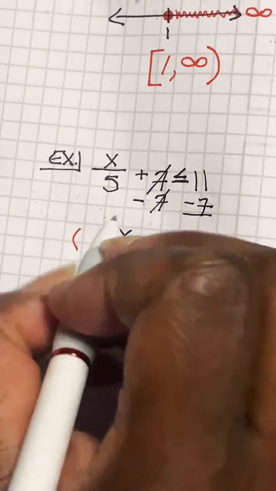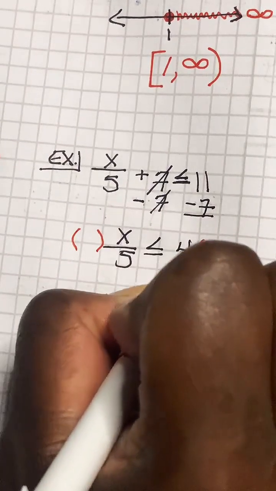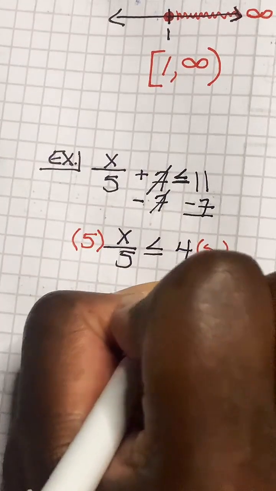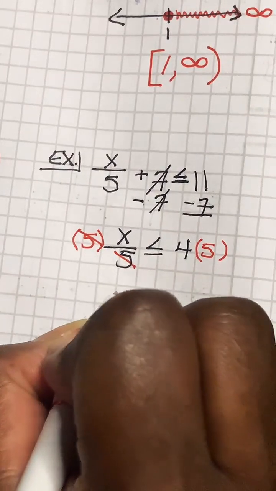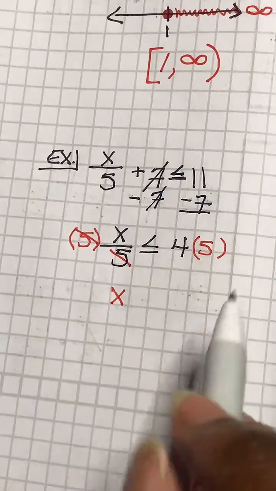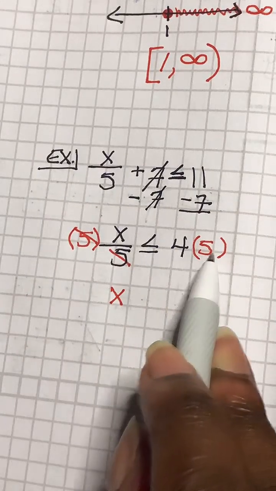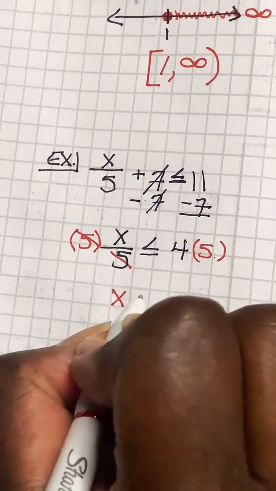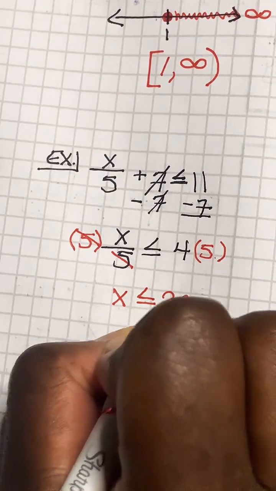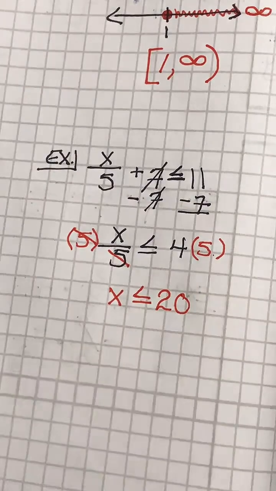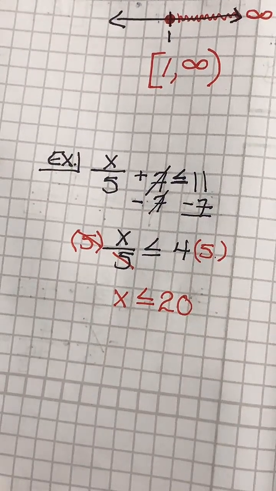So we want to multiply by whatever the denominator is. In this case, it was 5, a positive 5. So 5 divided by 5 gives me 1x, or just x. And since I multiply both sides by a positive 5, my inequality sign does not change. Okay, does not change at all.